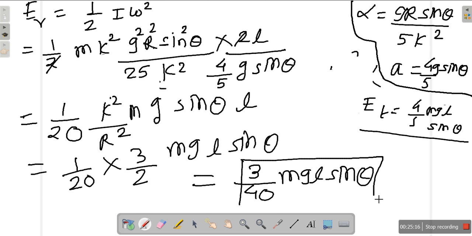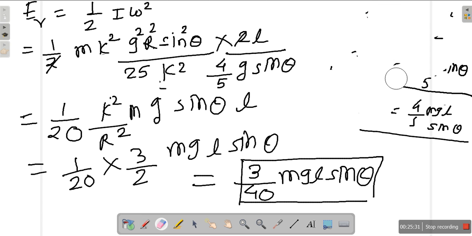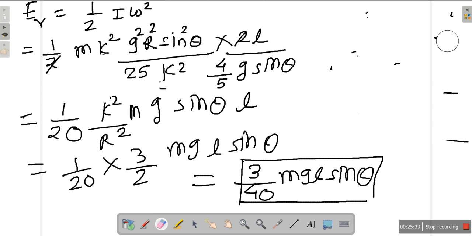So the total energy of the system is sum of translational plus rotational. So let us do that. Total energy will be sum of translational plus rotational.